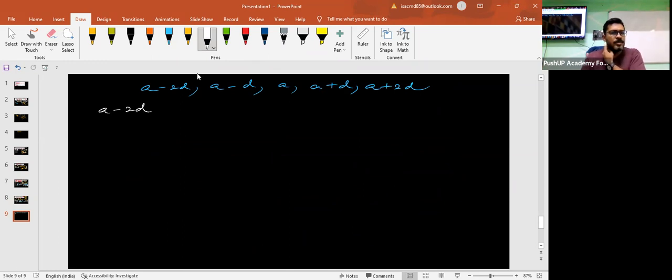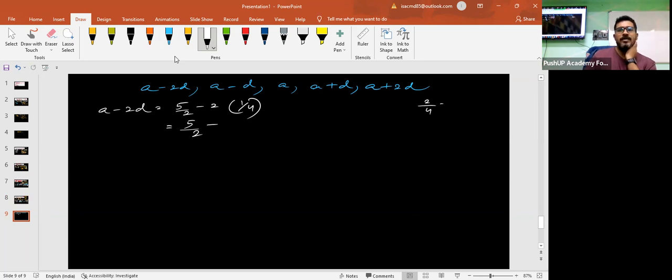First one, a minus 2d would be what? a is equal to 5 by 2, d is equal to 1 by 4. So 5 by 2 minus 2 into 1 by 4. Afnan, did you follow everything? 2 into 1 by 4 is what? 2 by 4. 2 by 4 is what? 1 by 2, isn't it?